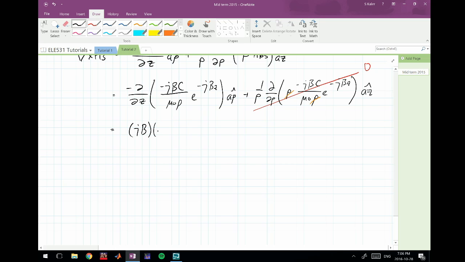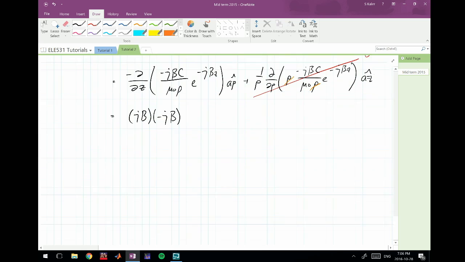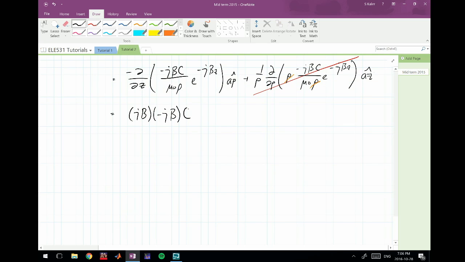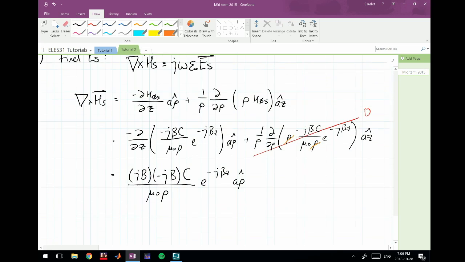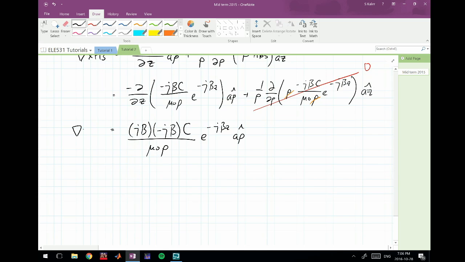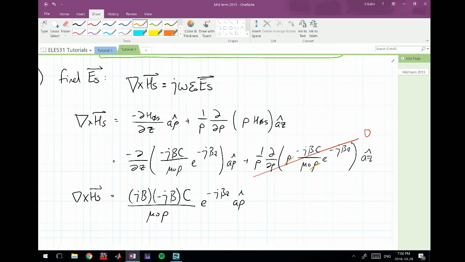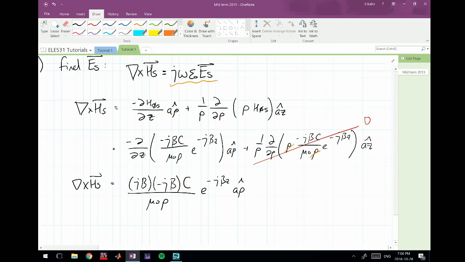Times minus j beta, because the first minus gets cancelled out from the negative outside, and then that second negative comes down with the j beta, multiplied by C, which is our constant, over mu naught rho, and of course this is e to the minus j beta z H rho. Now, a thing to note is that this is the curl of H, so we're not quite done. Now we know that this thing is actually what we're looking for, so we equate that with this.